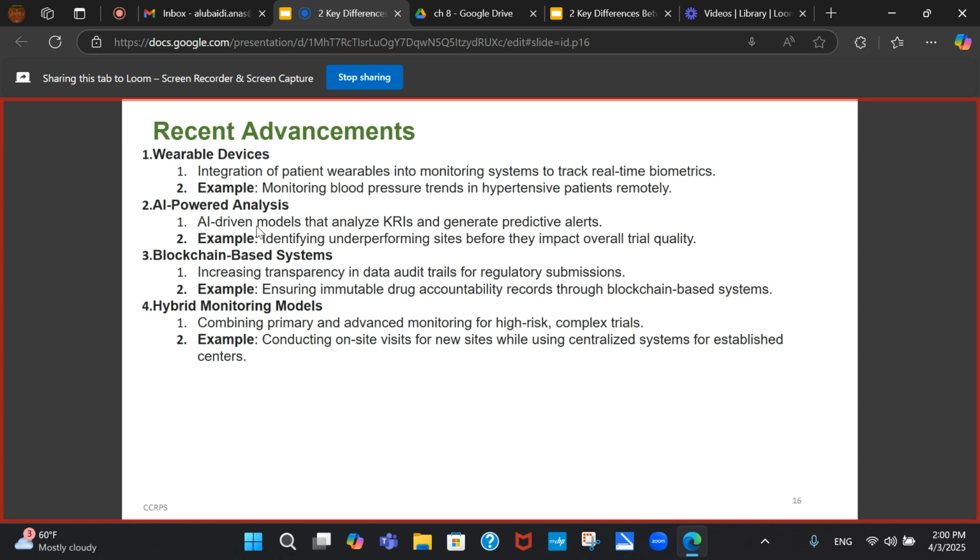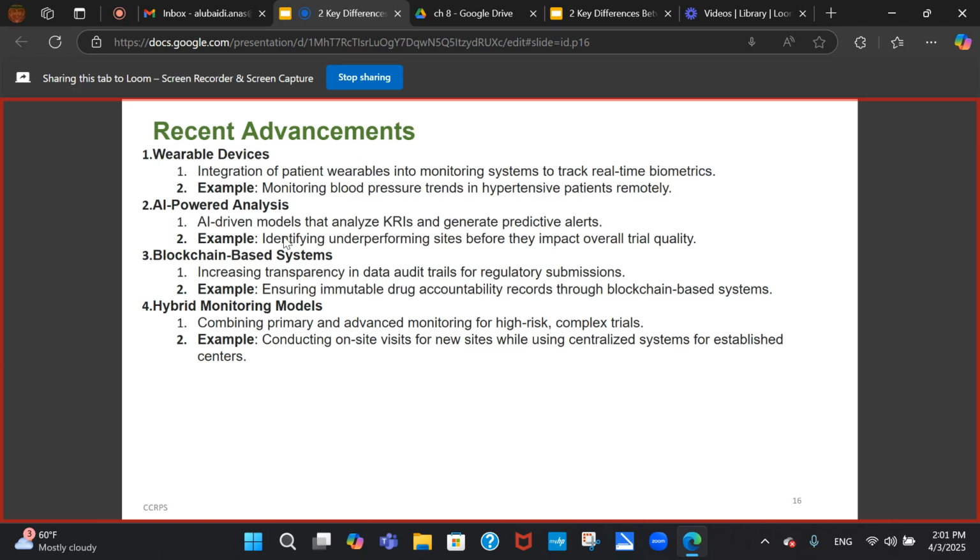Example, identifying underperforming sites before they impact overall trial quality. So here, any underperformance for any site that is conducting the trial that we are monitoring has been detected prior to any negative impact on the trial overall. How? By using AI-driven models.